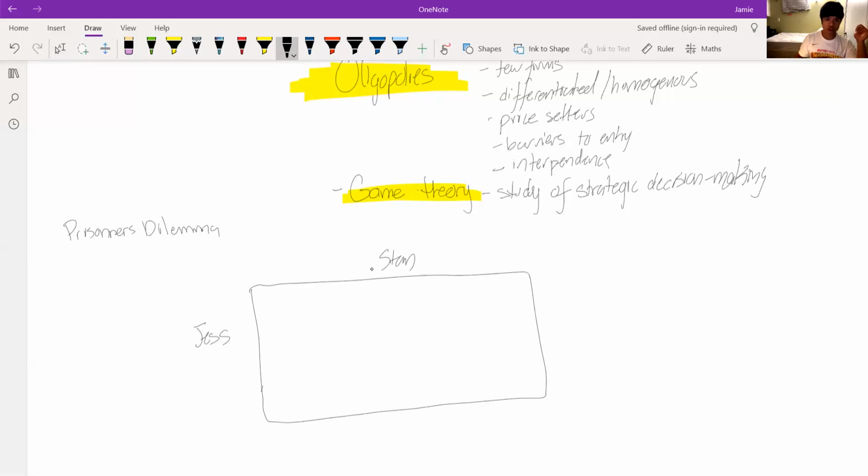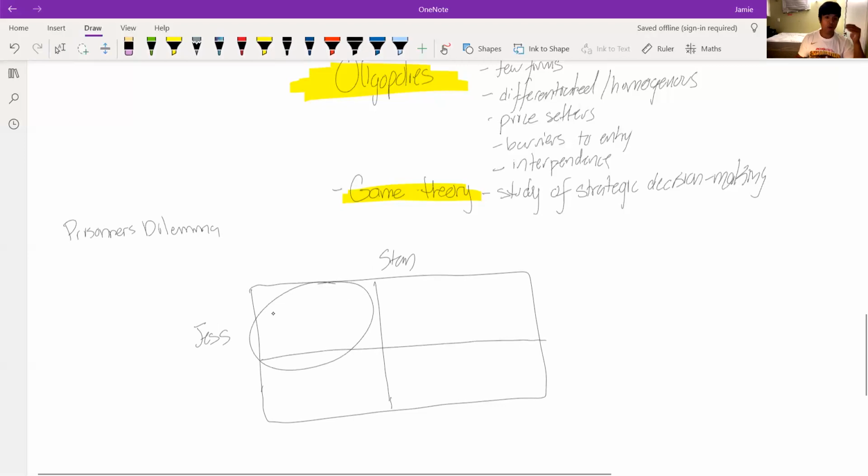This is the payoff matrix. It's going to be represented by a 2x2 grid of columns and rows. Each cell will represent the corresponding payoffs. The payoffs are the rewards or the costs of their decisions.